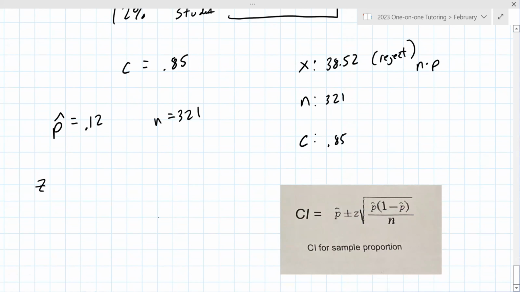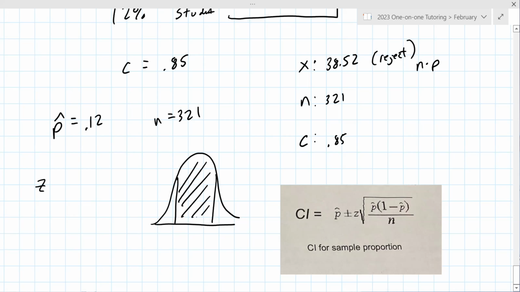Okay. And you've got to go to your calculator and find Z for me now. Okay. So the area is 0.85. The mean is 0, standard deviation is 1, and it's a center because the confidence interval is centered in this case. So go ahead and give that a try, please.